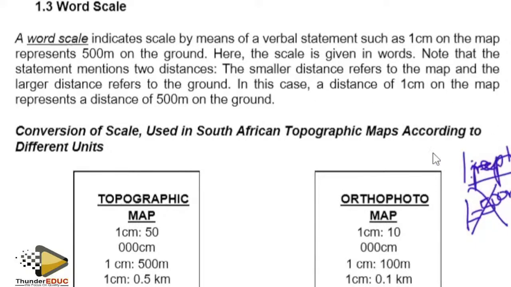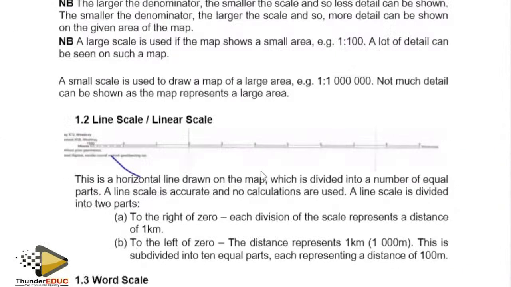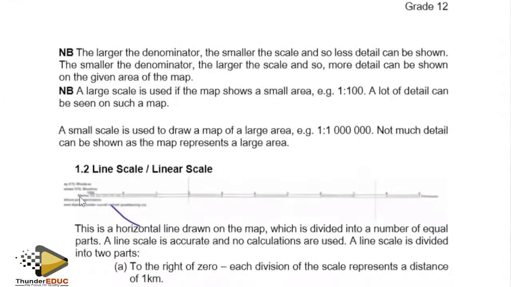Okay. All right. So here, the scale is given in words. Because of this word, it simply shows us that the scale is in the form of words. Because of the word ratio, the scale is in the form of a ratio. Because of the word line, the scale is in the form of a line.